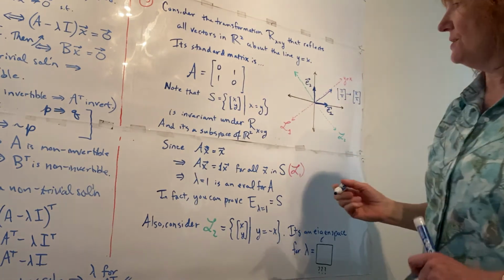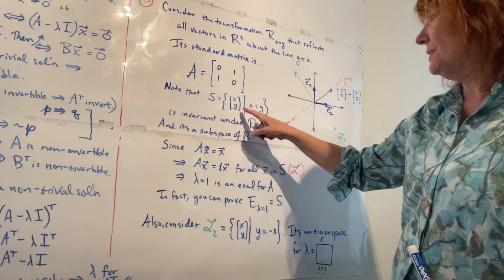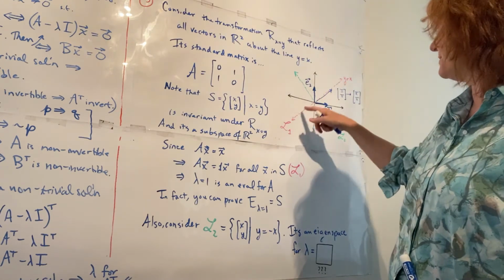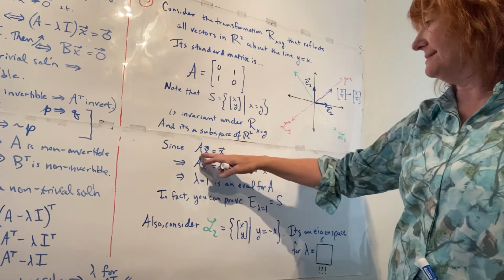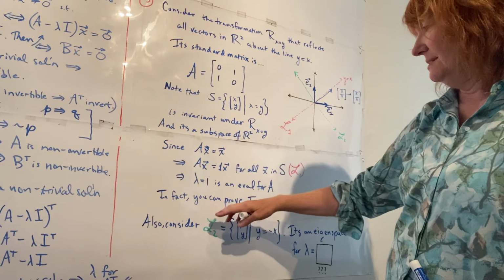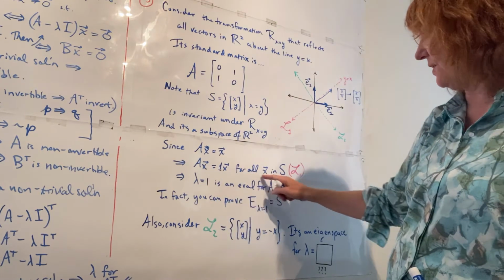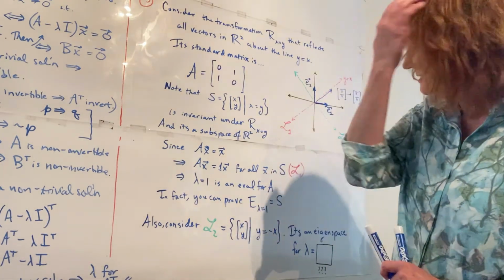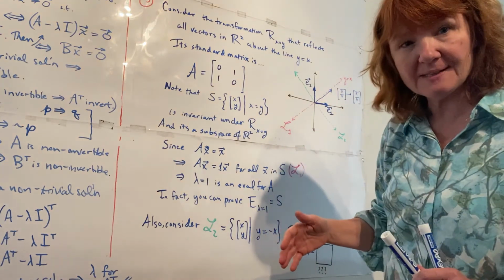So not only is this line, this subspace, y equal to x, invariant under it, it satisfies this, that A of x is exactly equal to x. But that's the same thing as saying Ax is equal to 1 times x for all the x's in that. So if you have an invariant subspace of fixed points, you can have other invariant subspaces.